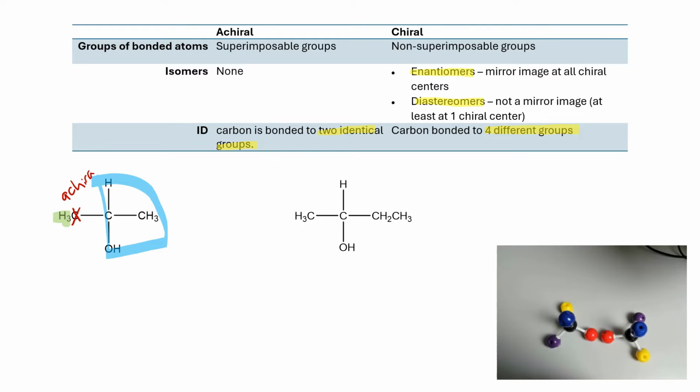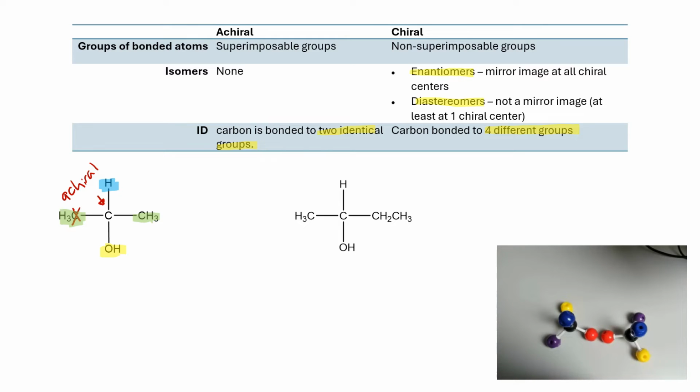Therefore, it is achiral. On this next carbon, carbon 2, I've got a methyl group, a hydroxyl group, another methyl group, and a hydrogen. As you can see, I have 3 colors represented here, and we need to have 4 different colors in order to have a chiral carbon.